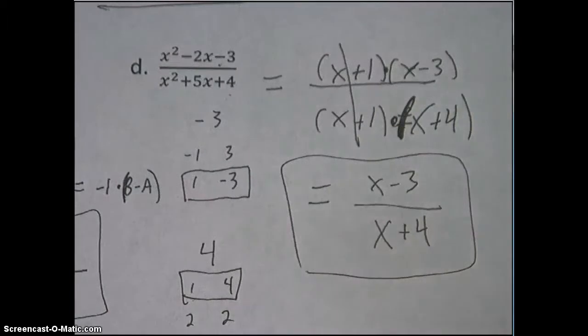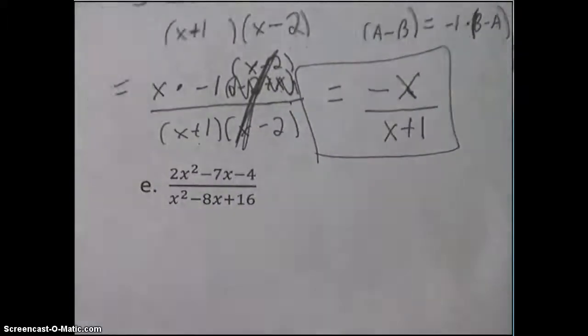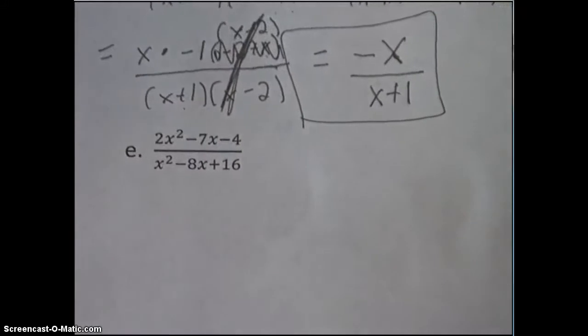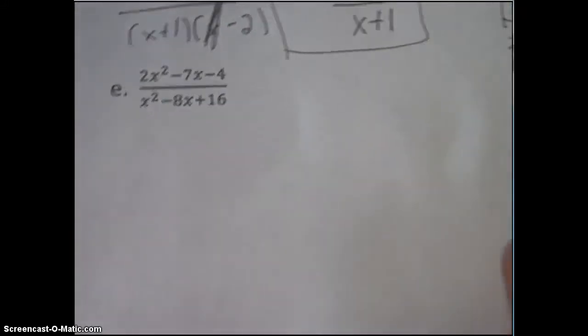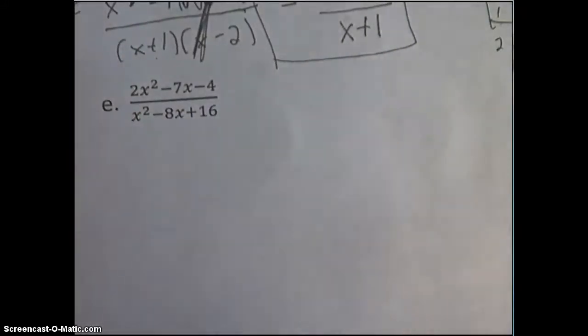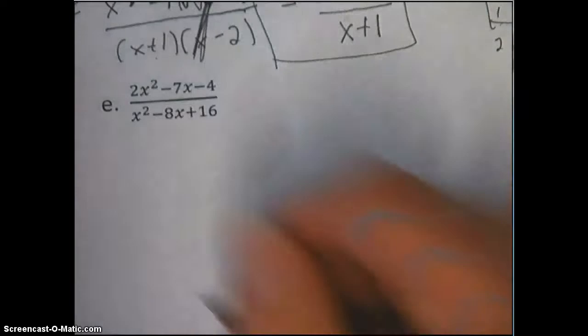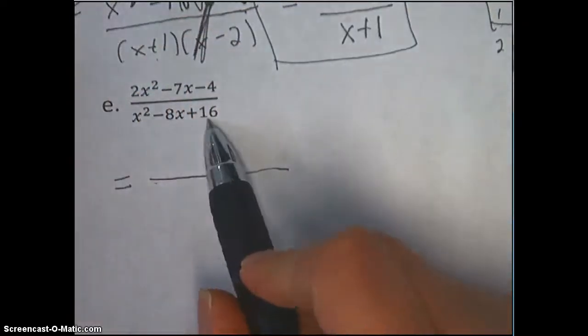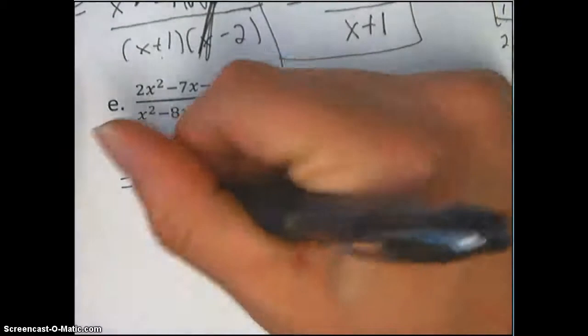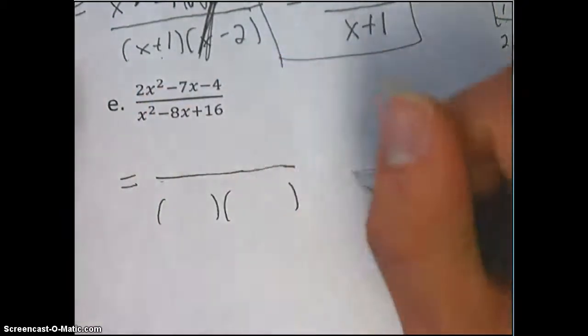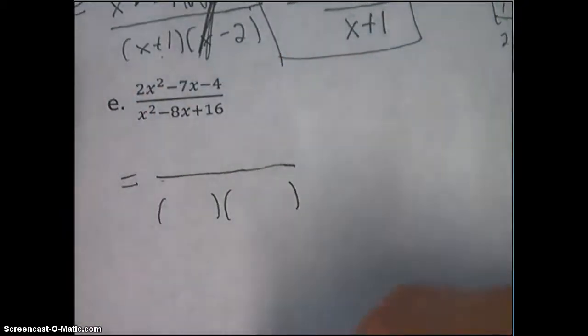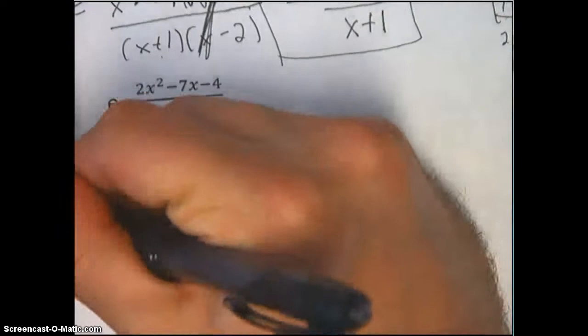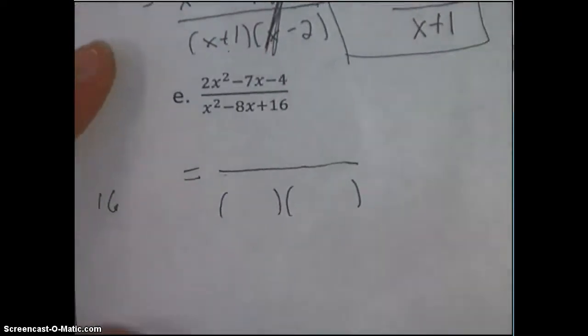Let's do one more. Part E here. And it's more factoring. So we're going to factor the top and the bottom again. Let's start with the bottom. Two numbers that multiply to 16 but add to negative 8. So let's think of the factors of 16 over here.